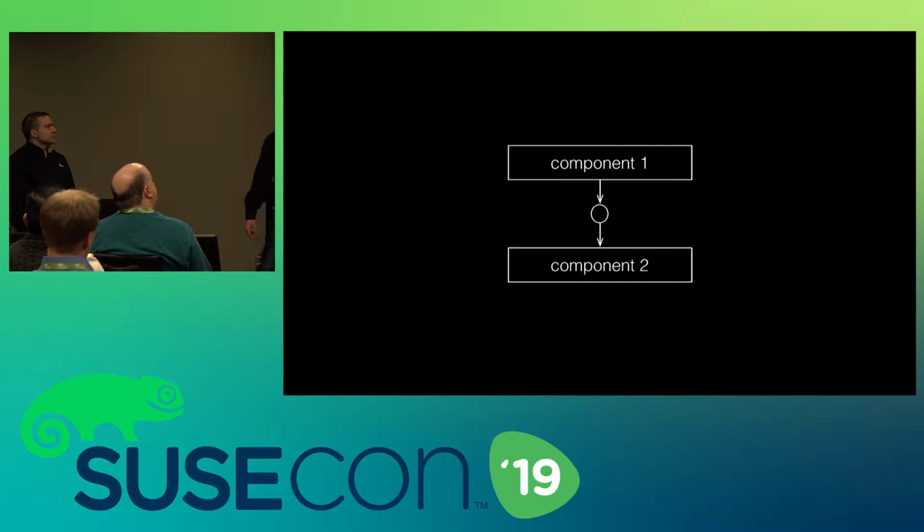A circle in the middle represents a communication channel between component 1 and component 2. That means component 1 can send a message to component 2. And this green symbol is how we represent a message that's flowing from component 1 to component 2. Note that we have arrows here. So in this particular case, component 1 can send a message to component 2, but not the other way around.